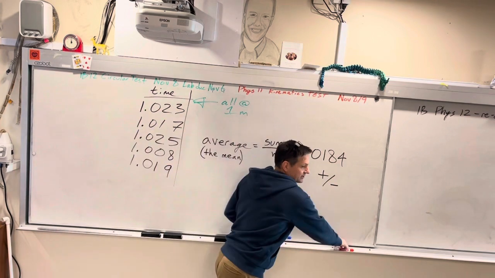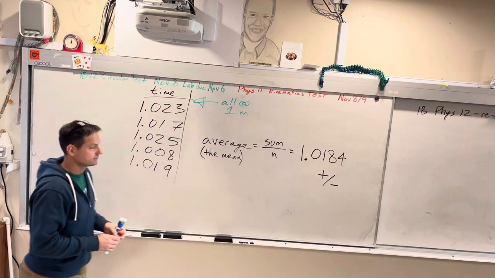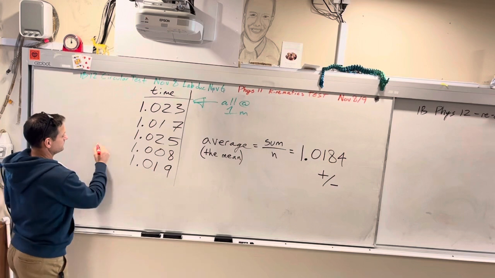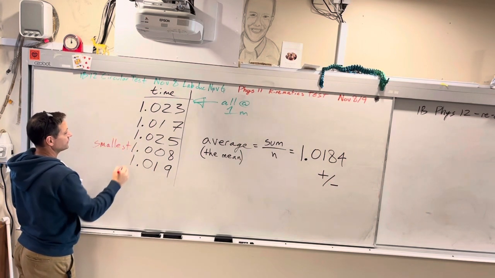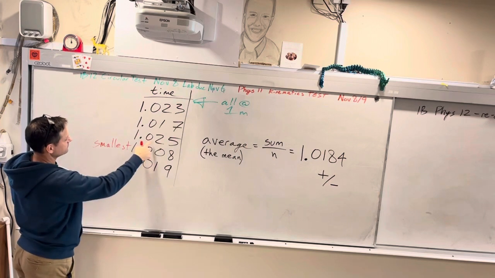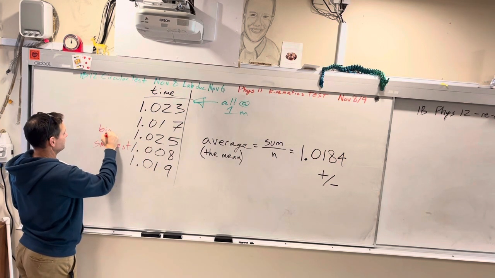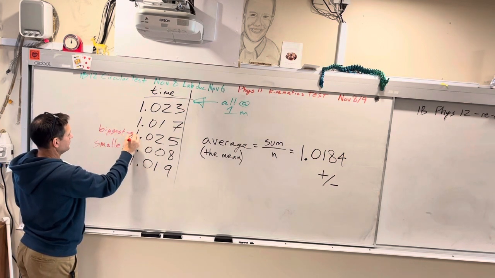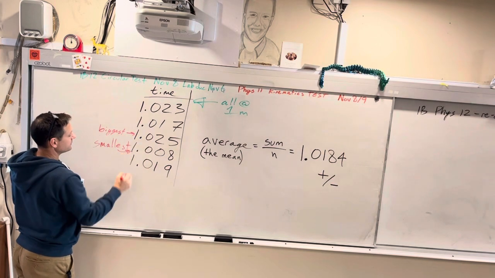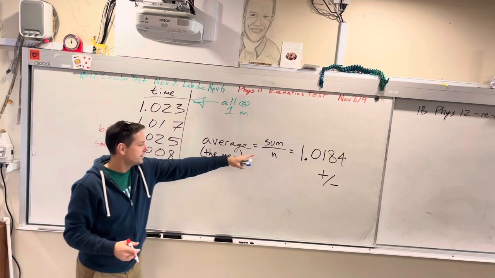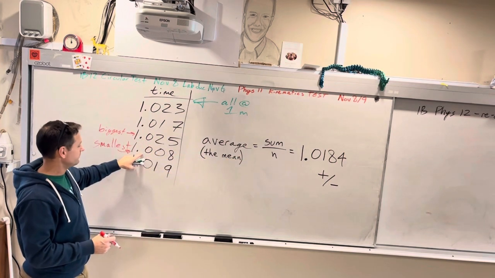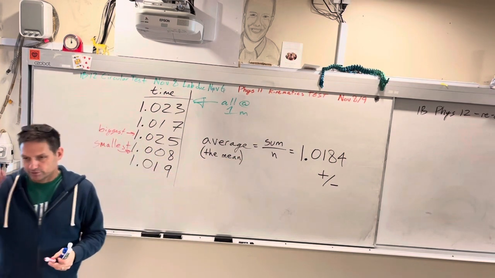So which one is the farthest away? Let's find the biggest and the smallest. 1.008 and 1.085. So this is the smallest, right, Parham? What's the biggest one? This one? So we have the biggest one and the smallest one. Let's find the distance from the biggest one to that average and from the smallest one to the average.